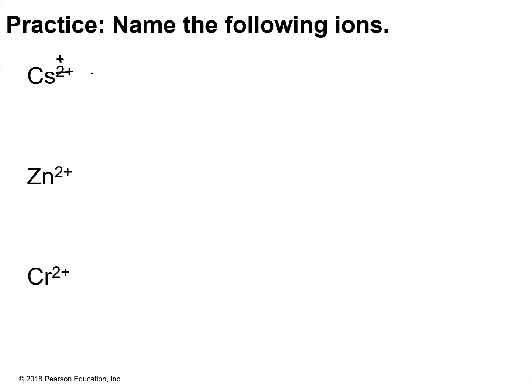So this one, cesium, it's not a transition metal. It's a representative metal. So we don't need to use the stock system. So it's just the cesium ion. What about the second one?